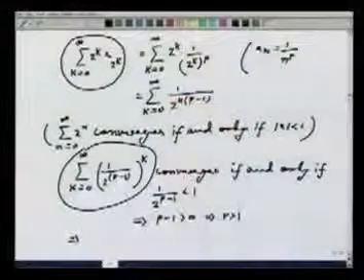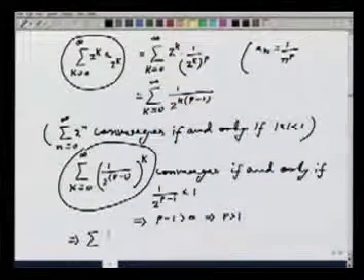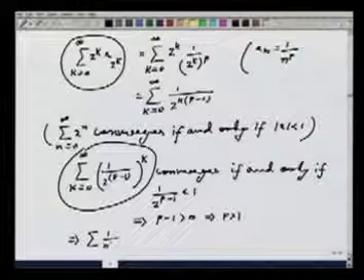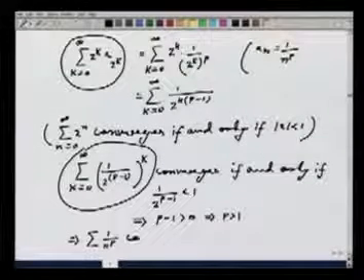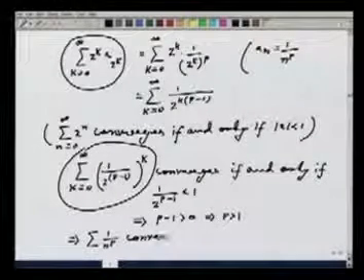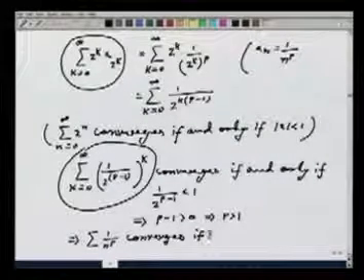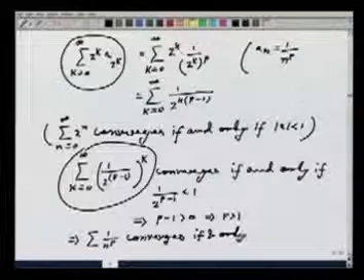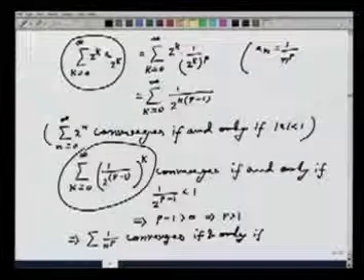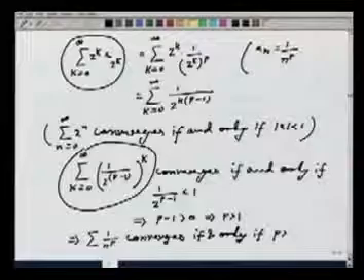Then Cauchy's condensation test tells me that summation 1 by n to the power p converges if and only if p is bigger than 1. For all other p's, the series does not converge.